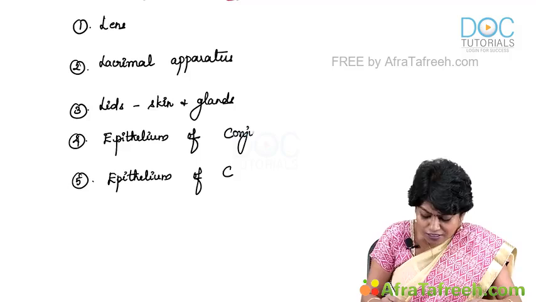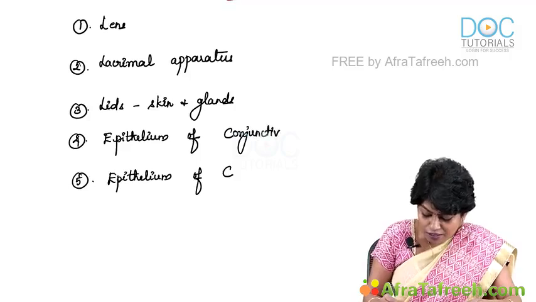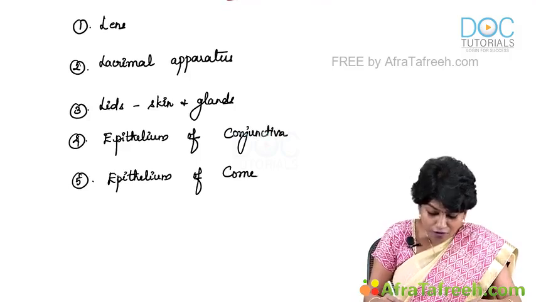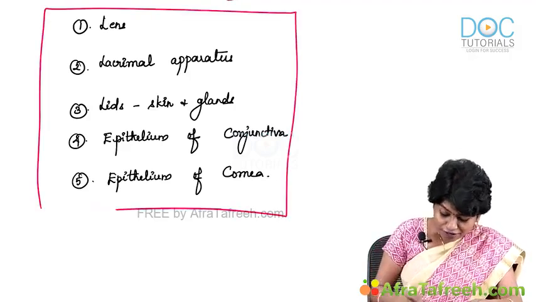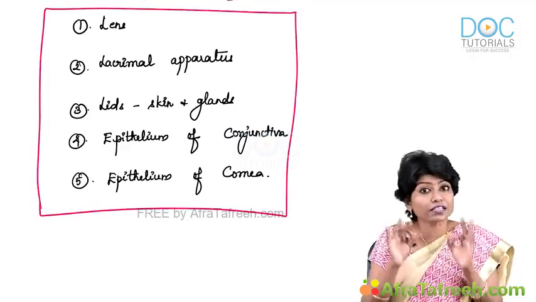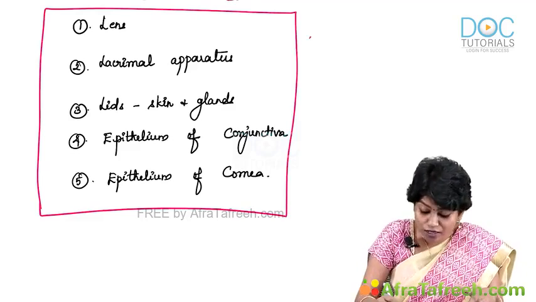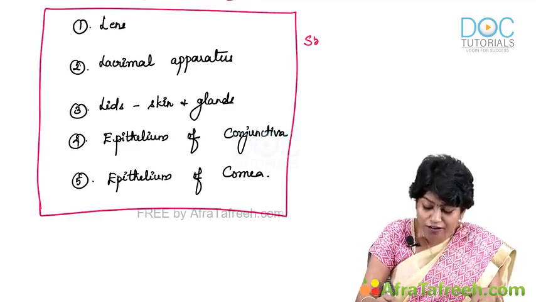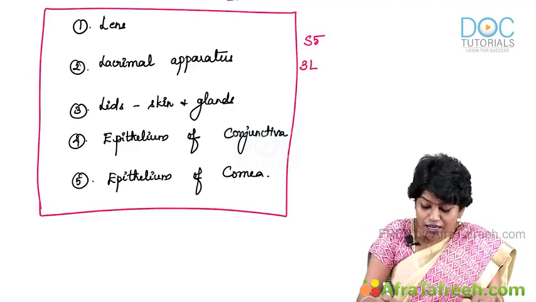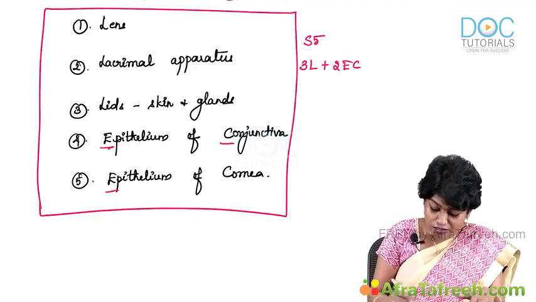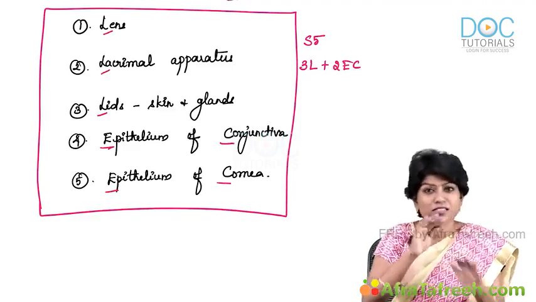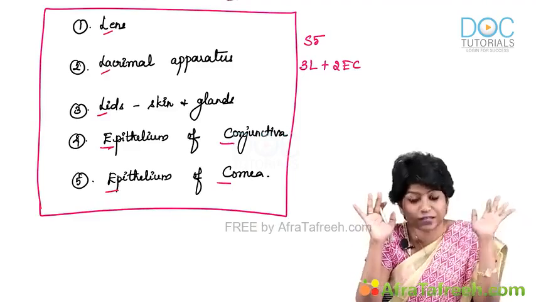One is conjunctiva and the other is cornea. So these are the only 5 structures in the eye that arise from the surface ectoderm, which is 3 L's plus 2 EC. Simple. Surface ectoderm is the simplest of all.